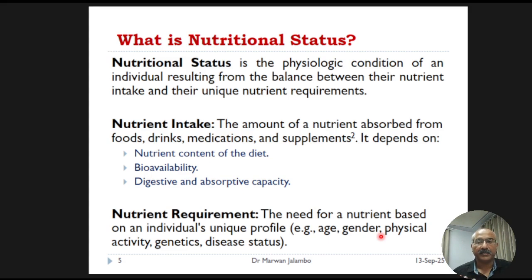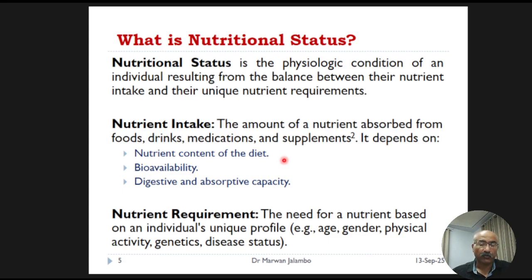This is defined as the physiological condition of an individual, which is determined by the balance between their nutrient intake and their unique nutrient requirements. So think of it as an equation with two sides.